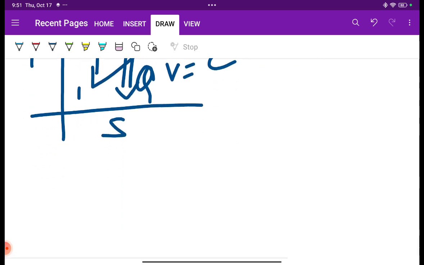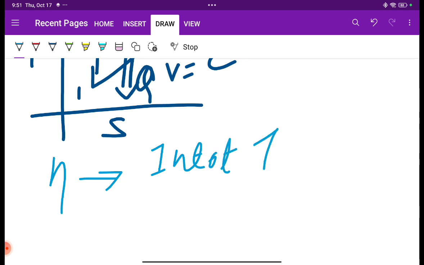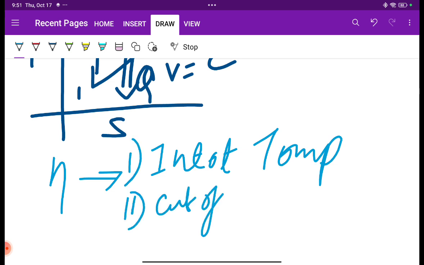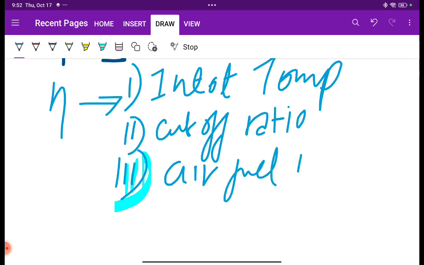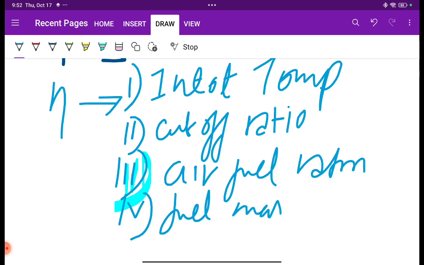So its efficiency depends on various factors like: number one, inlet temperature; number two, cutoff ratio; number three, air fuel ratio; and number four, fuel mass flow rate.